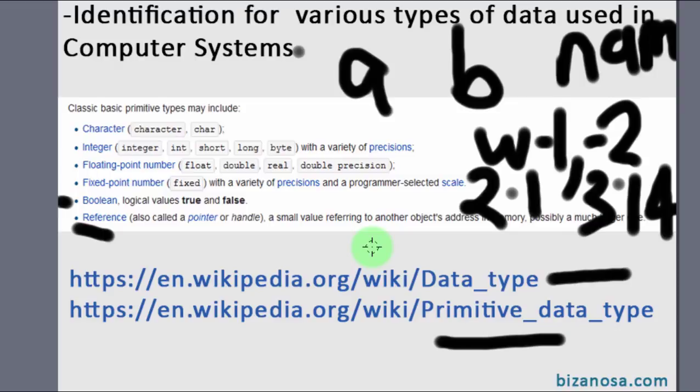That is why when you go to a website and you're filling a form and you try to type actual words like ABCD in a place where you're supposed to put in your phone number, you'll see an error. That is due to data type. Maybe it was indicated that the data type that goes in here is numbers only, and if you put anything else, that will give you an error.